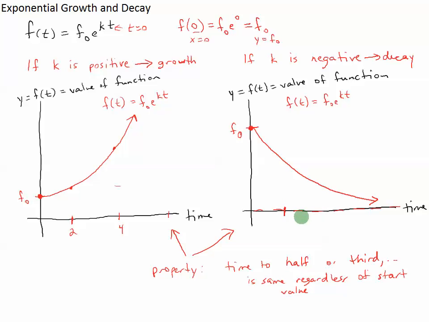So if I start here, let's say I have 1 hour and 2 hours, and my value is cut in half, then that means every 1 hour my y value is going to cut in half. Or if this was cut by a third, then I could say every 1 hour my y value cuts by a third. So that's a nice little property of these exponential growth and decay problems.